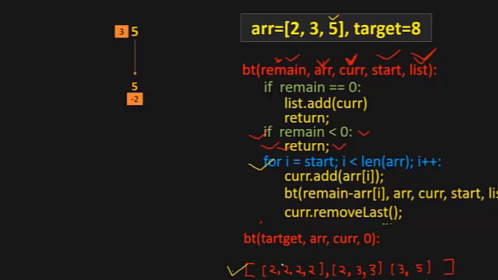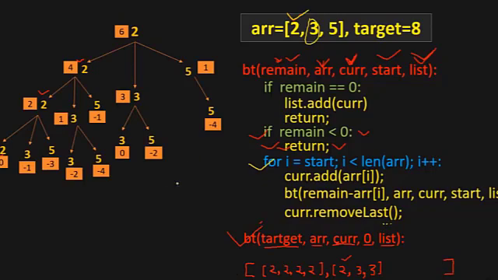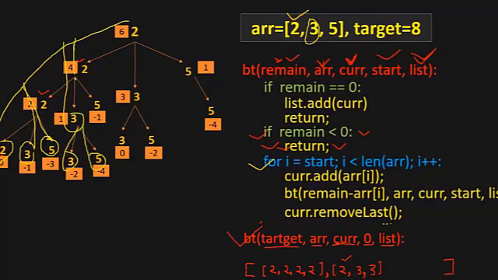And this is how we can solve this problem. This code works in DFS manner. That means depth first search. So first, it will traverse this 2, then it goes to this 3, then 5, then 3, from here 3, then 5, then 5, then here 3, then 3, then 5, then here 5, then 5.